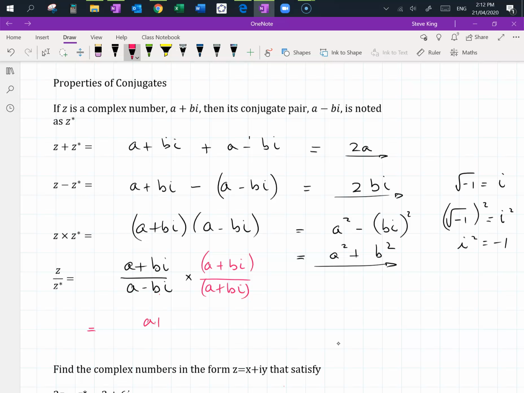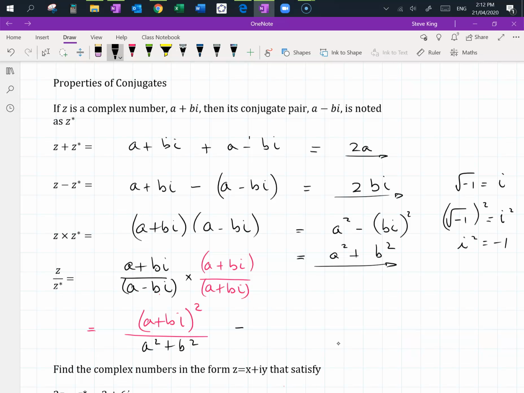So I'll have a plus bi all squared over, now again we should notice that we have here the difference of two squares. So it's going to be a squared, just like we had over here. We're going to get plus b squared.